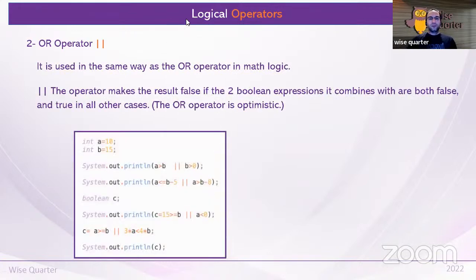So if there is one true in the life, or false, or false, or false, the result will be true, because there is one true there. It is very optimistic, as you can see.